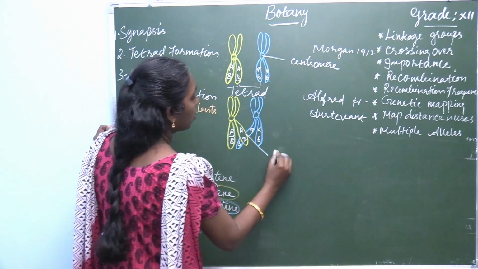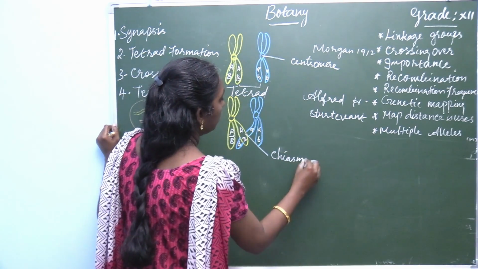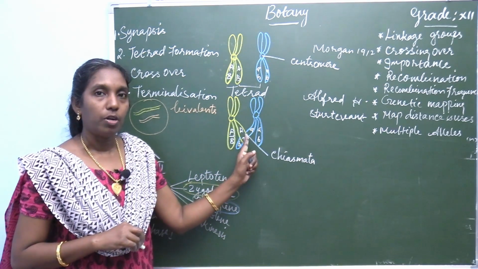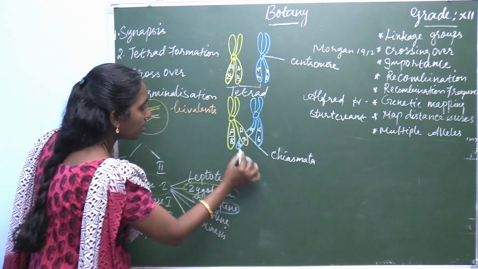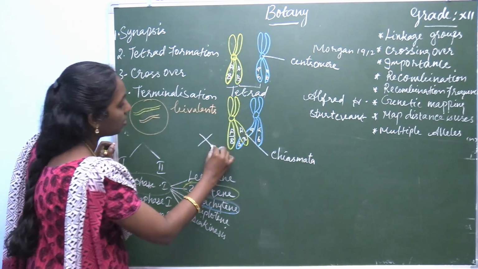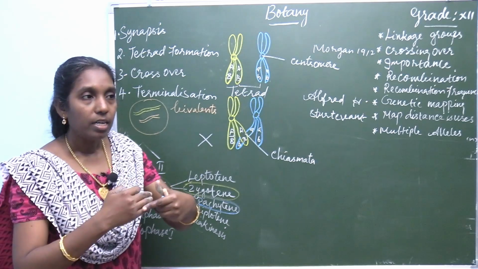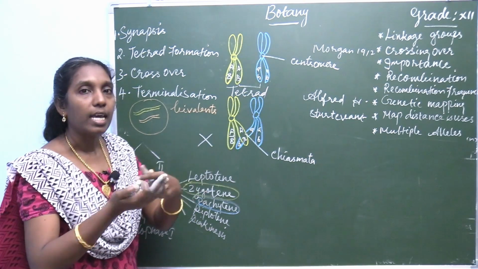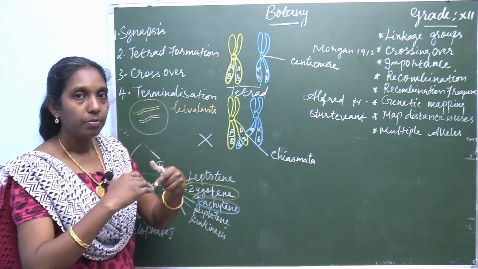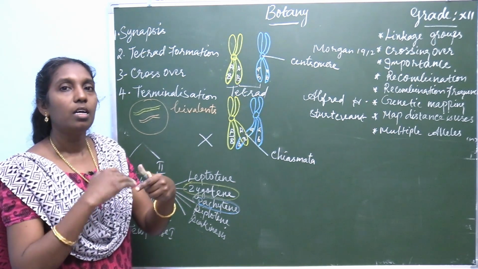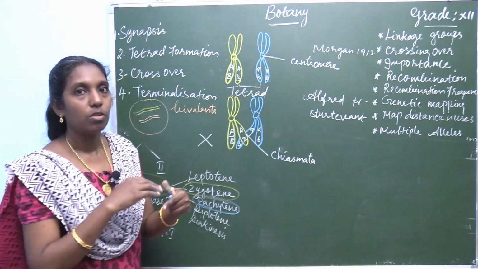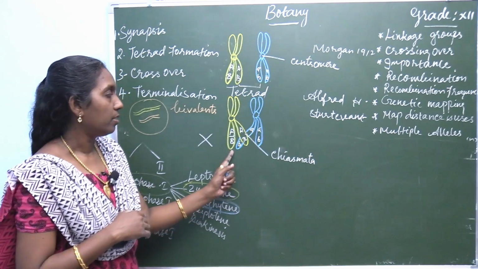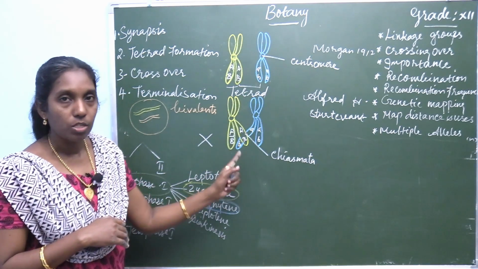This point is called the chiasmata. At this point it produces a cross-shaped or X-shaped structure where the segments are exchanged. There is a break at the point of chiasmata, and the segments break and exchange. So breaking and rejoining of genes takes place at the time of crossover.